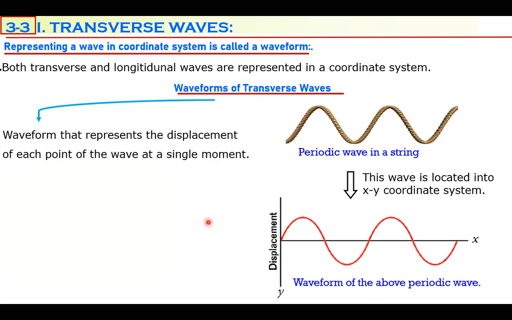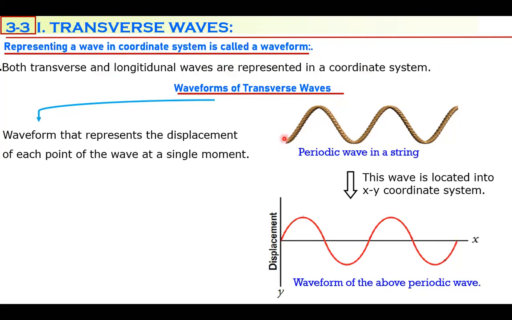And now we will define the transverse waves. First, we will talk about it because many waves around us are transverse. Electromagnetic waves are the basic transverse wave. So to study a wave, we should locate a wave on a coordinate system. Representing a wave in a coordinate system is called a waveform. Both transverse and longitudinal waves can be represented in a coordinate system.